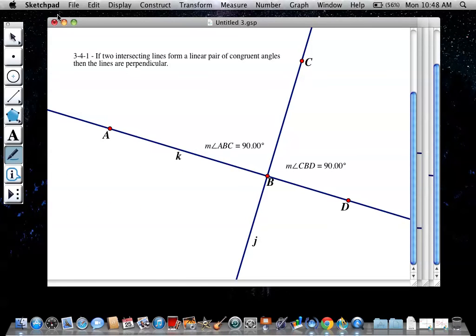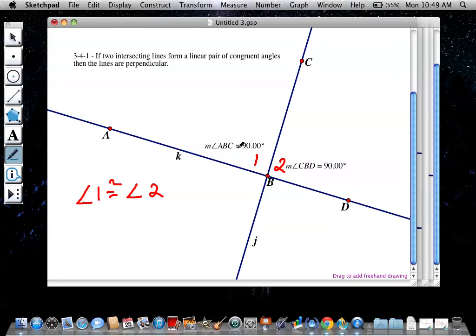All right, first theorem we have: if two intersecting lines form a linear pair of congruent angles, then the lines are perpendicular. So what does that mean? That's saying if angle 1 and angle 2 here are congruent, and they are a linear pair, then that means that the two lines intersecting are perpendicular.